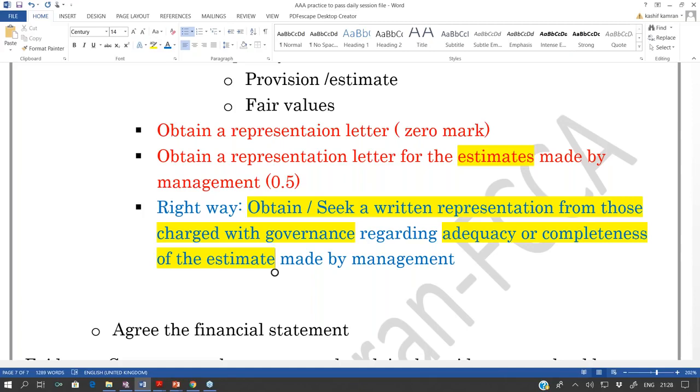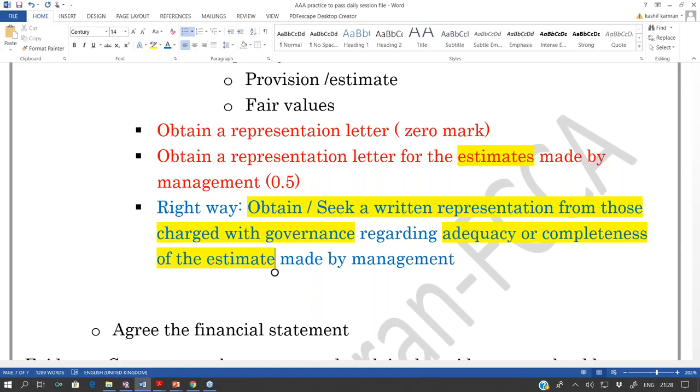There is a risk in the estimate, right? So I am taking it for adequacy because through the representation letter, I want to mitigate my risk. So the risk in the estimate is understatement, right? So have you got the track?